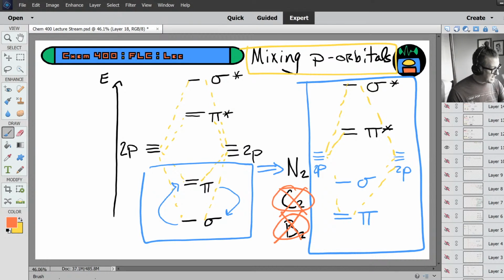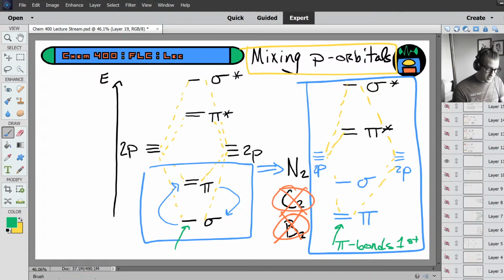Now, Kate, the answer to your question, when you make a pi bond, do you also make a sigma bond? The answer is that your electrons will always fill the lowest energy orbitals first. So with that in mind, for nitrogen, you make your pi bonds first, because your lowest energy orbitals are pi orbitals.